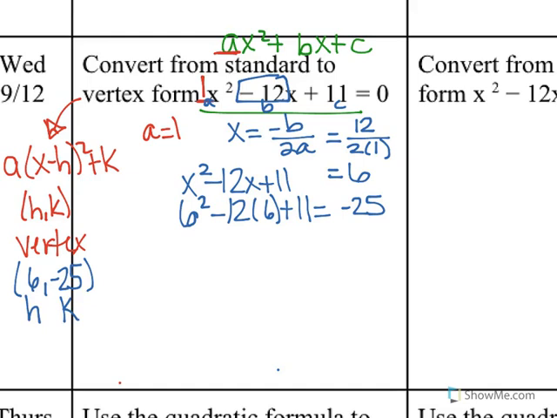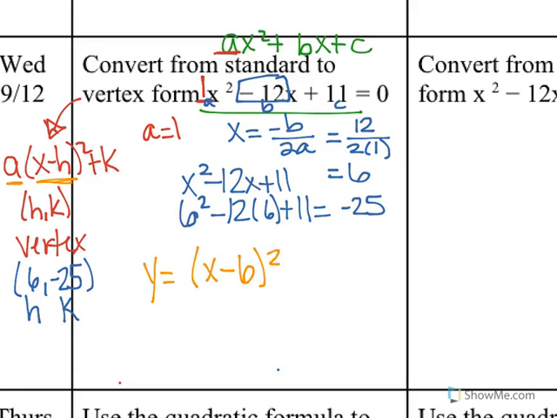So my equation converted to vertex form is going to be y equals, my a value is 1. Because my a value is 1, I don't need to write that, because 1 times anything is going to be itself. Now we have x minus h. h is 6, so I'm going to put that in there.